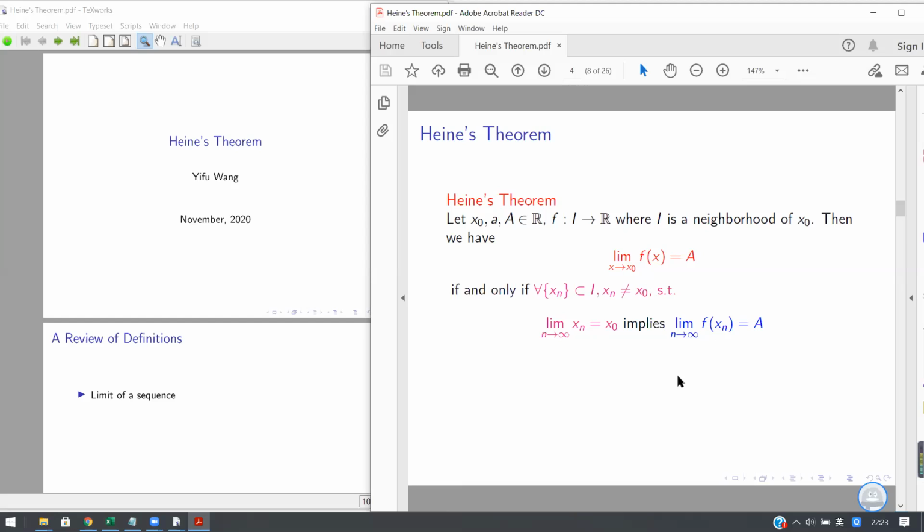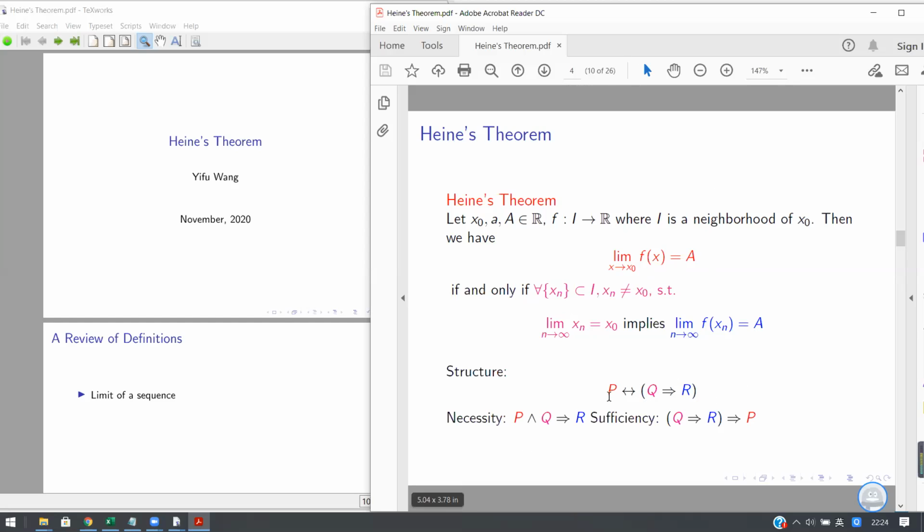The proposition claims that the red one, P, holds if and only if Q implies R. So if we want to prove this theorem, we need to prove both sides.